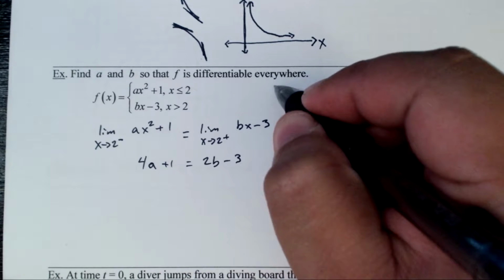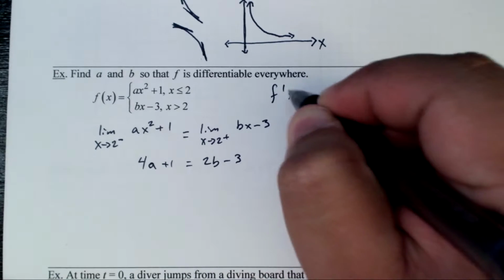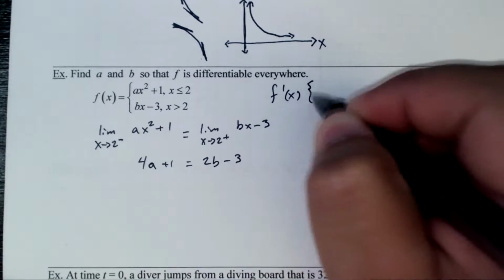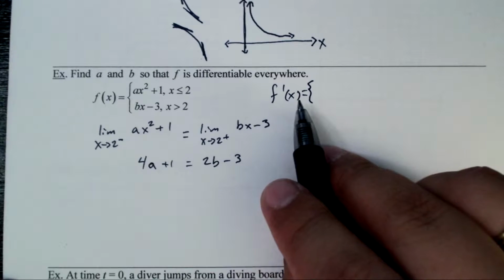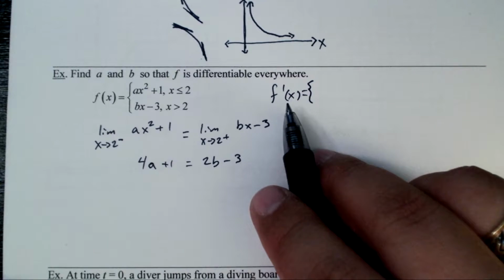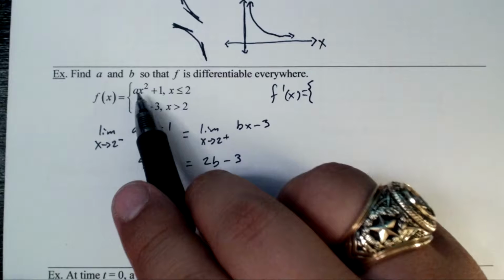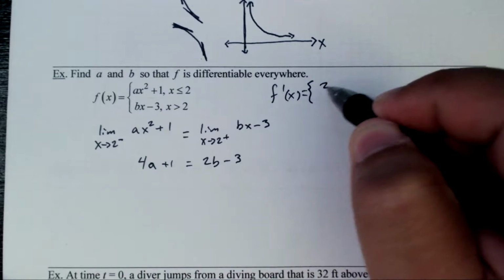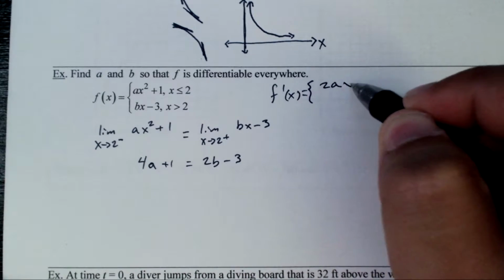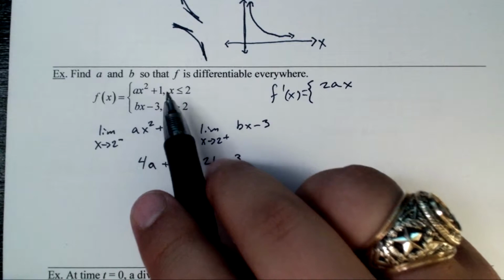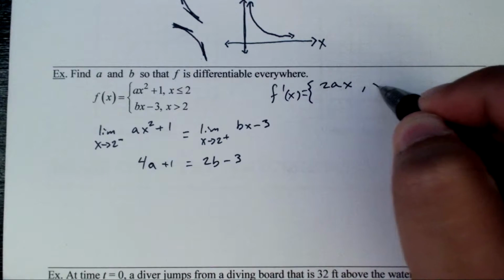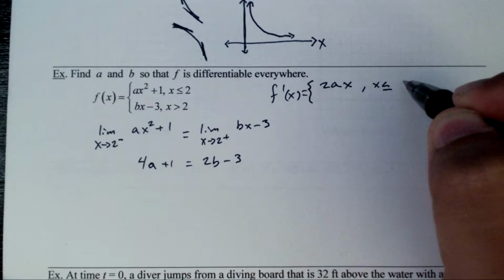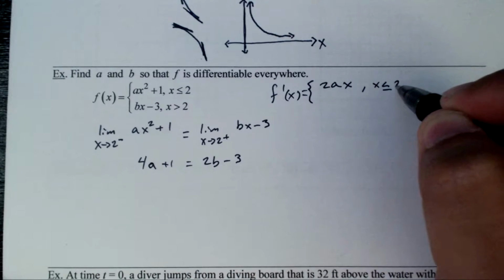So if we solve for that, we find that f prime of x as a piecewise function is going to be equal to, well, if we differentiate this using the power rule, it becomes 2ax. The 1 goes away because it's a constant, for every x value less than or equal to 2.